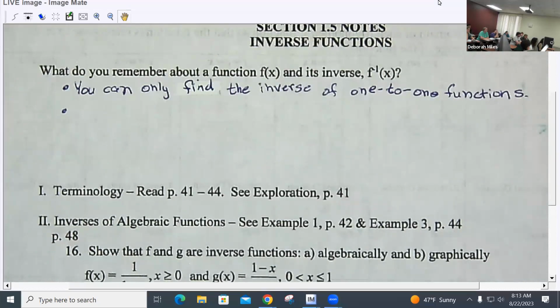Remember anything about the graph of a function and its inverse? So y equals x. Good.